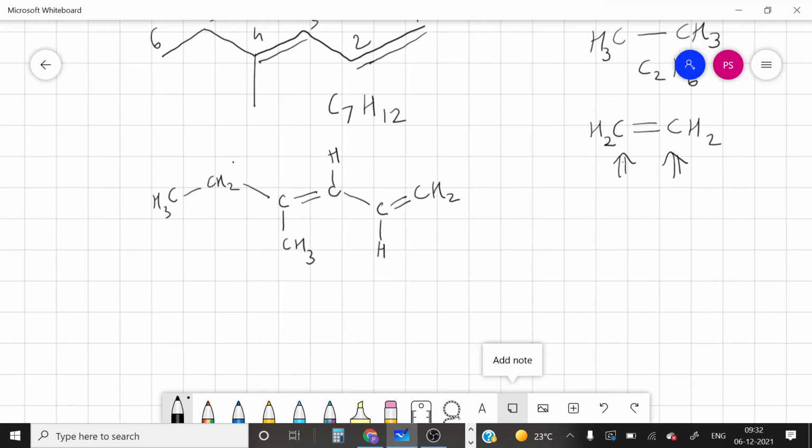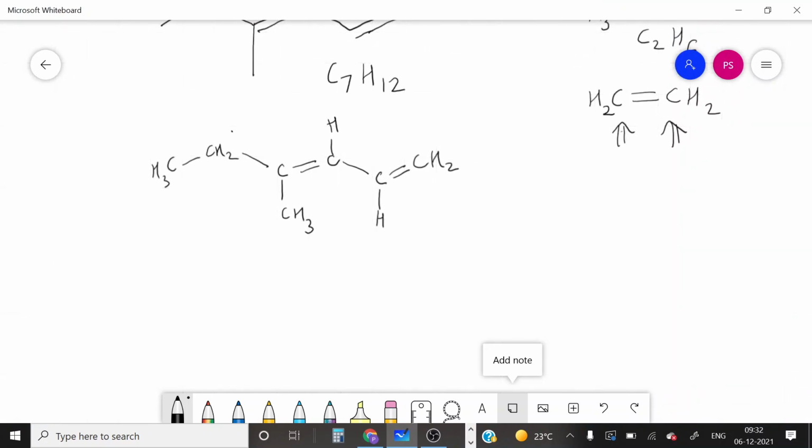Now you can count the total number of hydrogens and total number of carbons. How many hydrogens are there? 2, 3, 4, 5, 6, 7, 8, 9, 9 and 3, 12. So this is the formula of this compound.